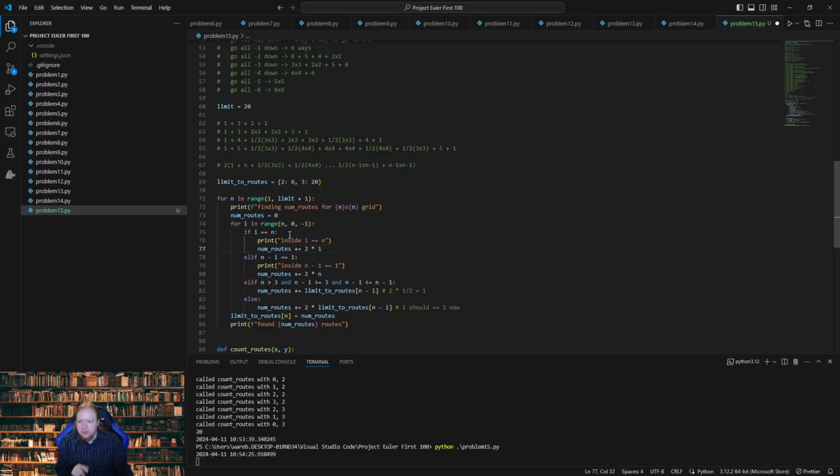Okay, so starting with the number 1, we expect it to find 2. We expect it to only go inside of here. For the number 2, we expect it to go inside of here and then here. For the number 3, we expect it to go inside of here and here and here.